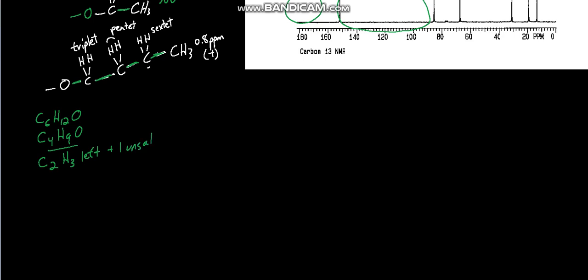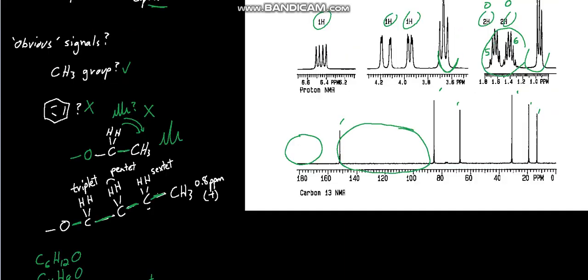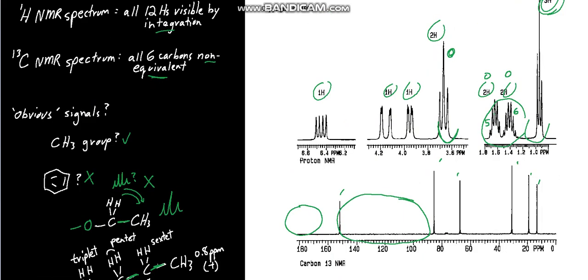We have not accounted for our unsaturation yet. So revisiting here, we have these signals left that are more deshielded. Your tables should lead you to suspect this might be an alkene carbon and protons. There's a carbon there at 150 something. So that would give us our 1 unsaturation.